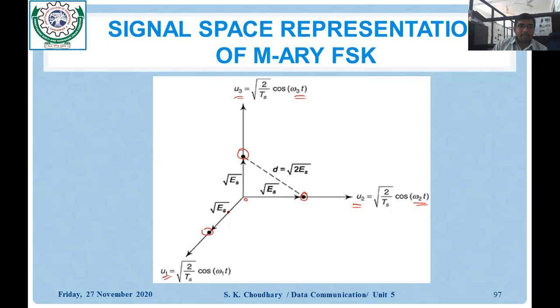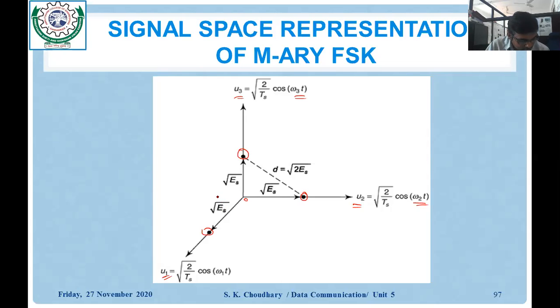So there are M mutually orthogonal coordinate axes. Only 3 are shown, but there is a possibility of M mutually orthogonal coordinate axes, and the signal vectors are parallel to these axes. So each signal vector is located at a distance of square root of ES from the origin.